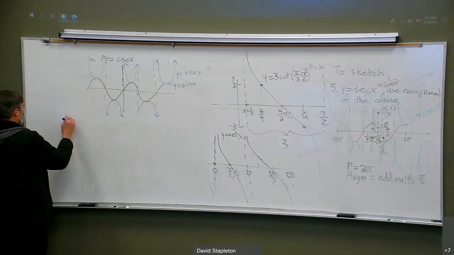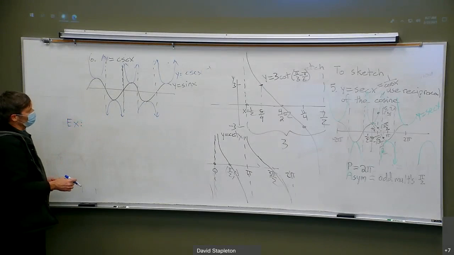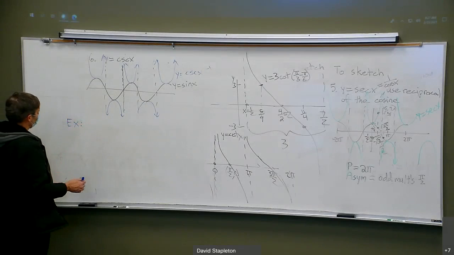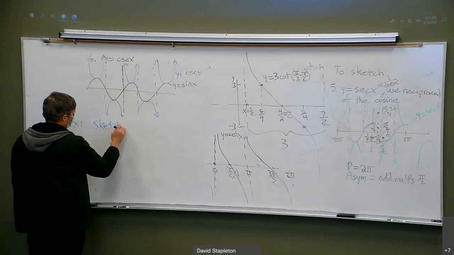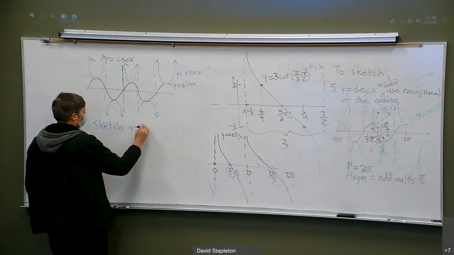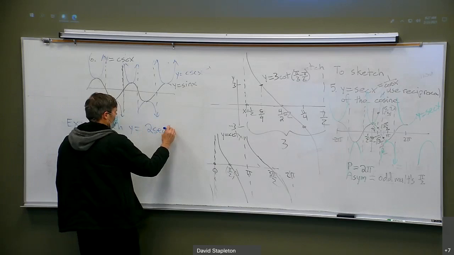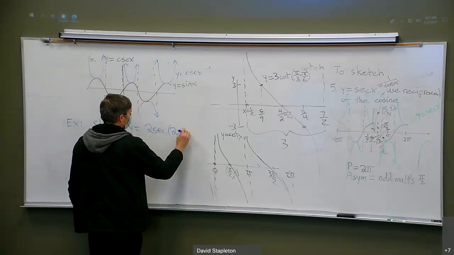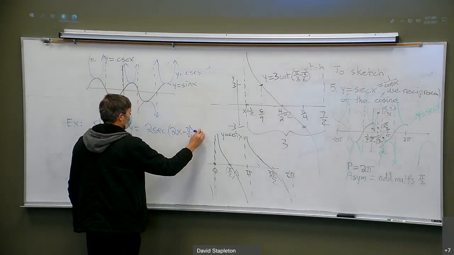Let's look at an example because now we can sketch a secant bx minus c plus d or a cosecant bx minus c plus d. Suppose I asked you to sketch y equals 2 secant 2x minus pi over 4 plus 1, let's say.